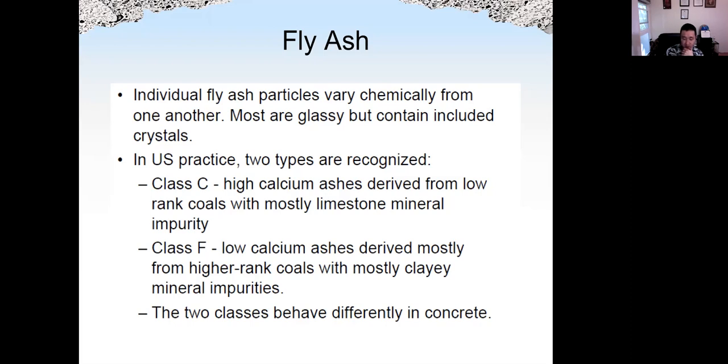Class F has low calcium. They come from higher quality coals, mostly from eastern states such as New York and New Jersey. And these two classes of fly ash behave differently in concrete due to the amount of calcium oxide in them.